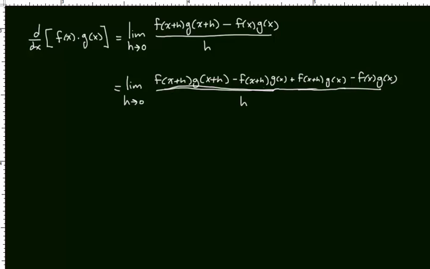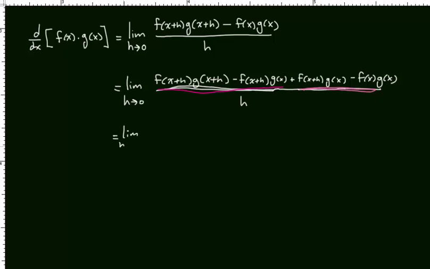So now I'm going to treat this like two different fractions. One fraction is going to have this portion as a numerator, and the other fraction is going to have this portion as its numerator, and they share the common denominator of h. So limit of a sum is sum of limits.